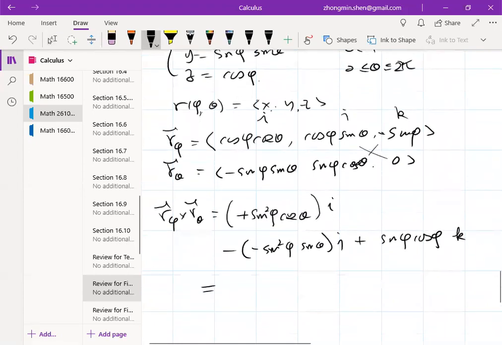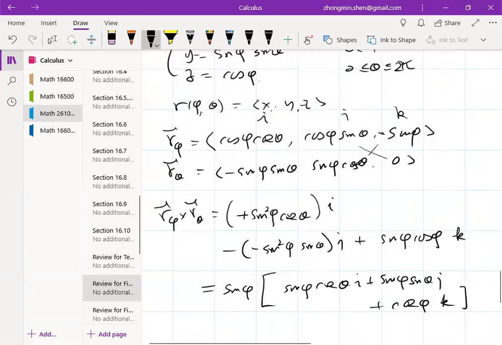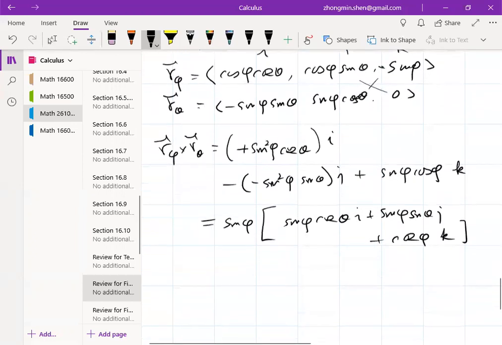If you take sine phi out, what do you see? You see sine phi cosine theta i plus sine phi sine theta j plus cosine phi k. This is nothing but the position of that particular point, the x, y, z. This is the position vector itself.